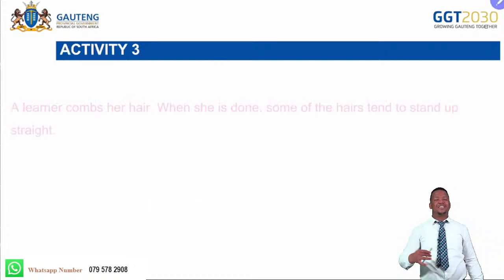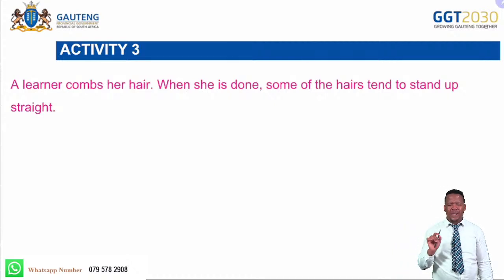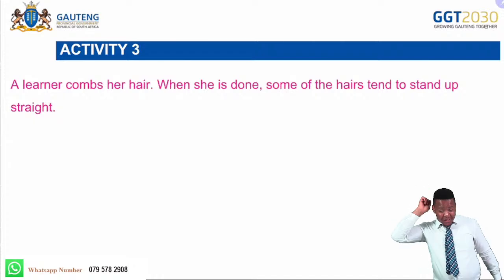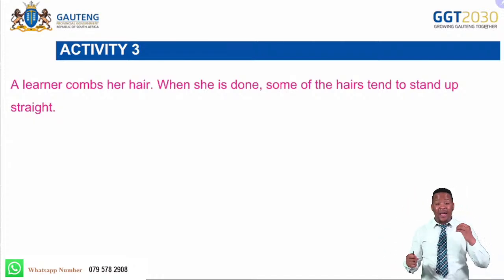Activity 3, we conclude about electrostatic force. What did we learn about electrostatic force? A learner combs her hair, she's about to go to school. When she's done, some of the hair tends to stand up straight.